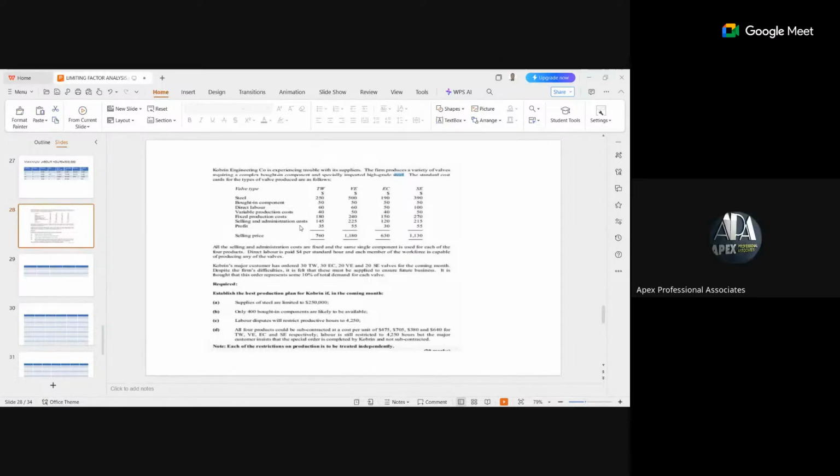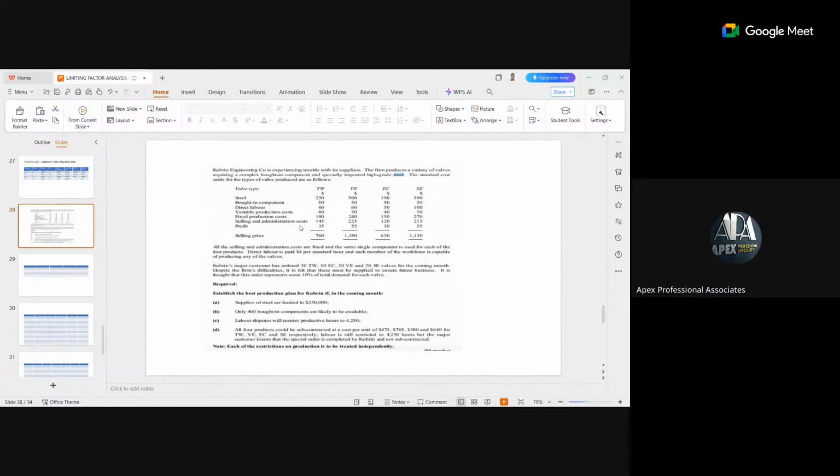So the number of hours used to produce 1 unit of TW will be 60 divided by 4. For VE, it will be 60 divided by 4 also. For EC, it will be 50 divided by 4. For SE, it will be 100 divided by 4. Take note of that, so when I start presenting them, we'll not have to draw ourselves back.